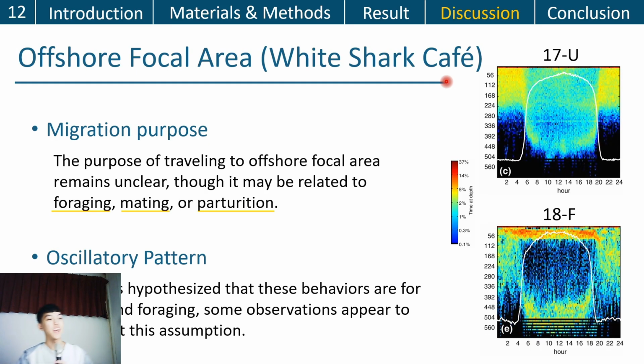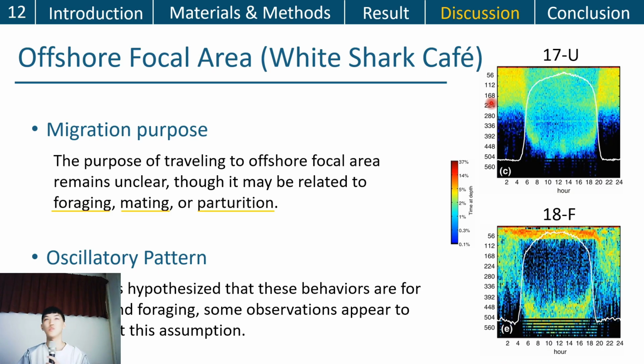Okay, next they arrive at the White Shark Cafe. And in this chart, we can see the sharks dive to the deeper sea during the day. And there are 2 possible reasons. The first one is foraging, because there are many fish in the deeper ocean.